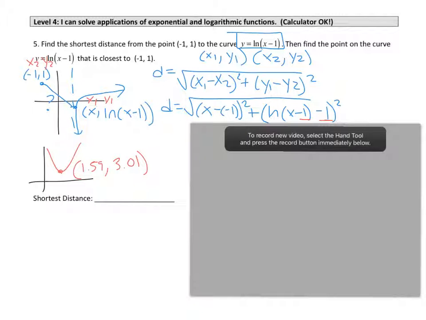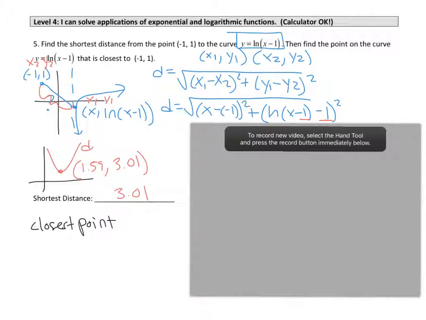Okay, now since this graph represents distance, the shortest distance is the y value of that minimum point. So 3.01 is the shortest distance between the mystery point and -1, 1. But the other question is, what's the closest point?